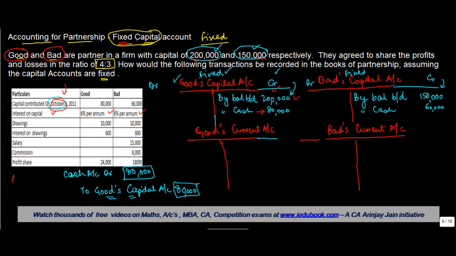So when you calculate the interest on capital, let me just remove this particular piece from here. You have 200,000 for Good which was standing from day 1, on which you have to pay interest for 12 months at the rate of 6%, and you have 80,000 for Good on which you have to pay interest for 6 months at 6% per annum.